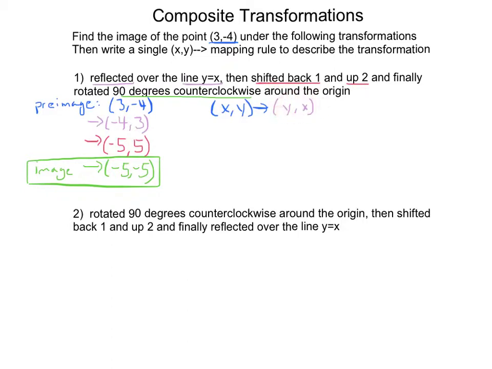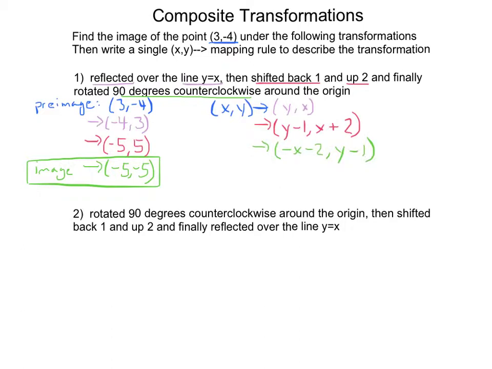So this y, that's our new x-coordinate, that's shifted back 1, and this one's shifted up 2. And finally, this is rotated 90 degrees counterclockwise, so this is the new y, it's going to go in front, gain a negative, this is the new x, it's going to go to the back and stay the same sign. Alright, there's our rule.